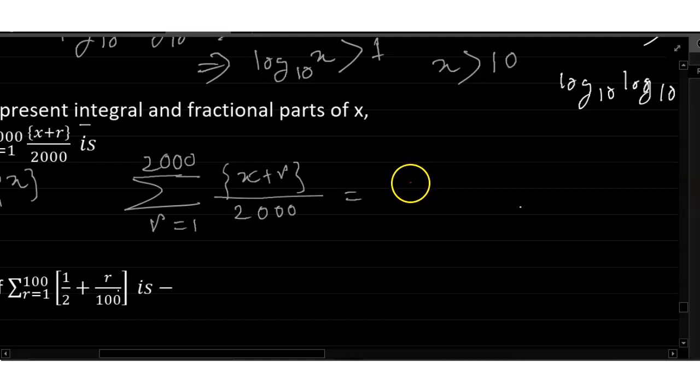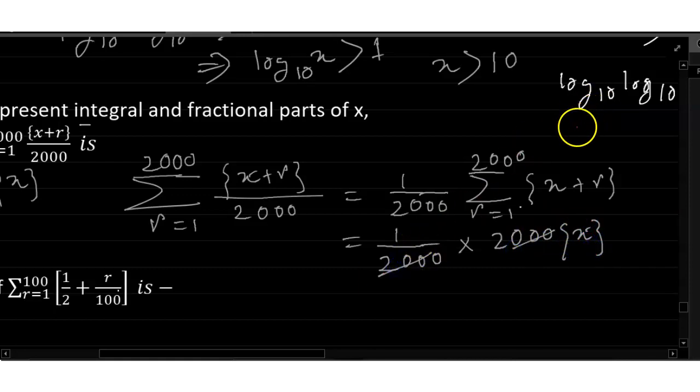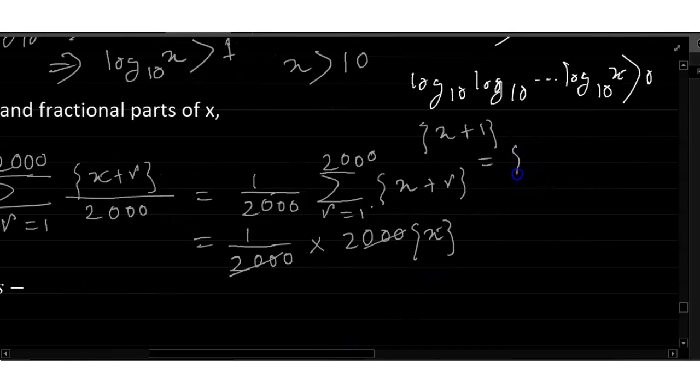So this point must be remembered. This is 1 by 2000, and this is 2000 x, and this point is cut because the integer part will vanish and only the fractional part will remain. So the answer is x.